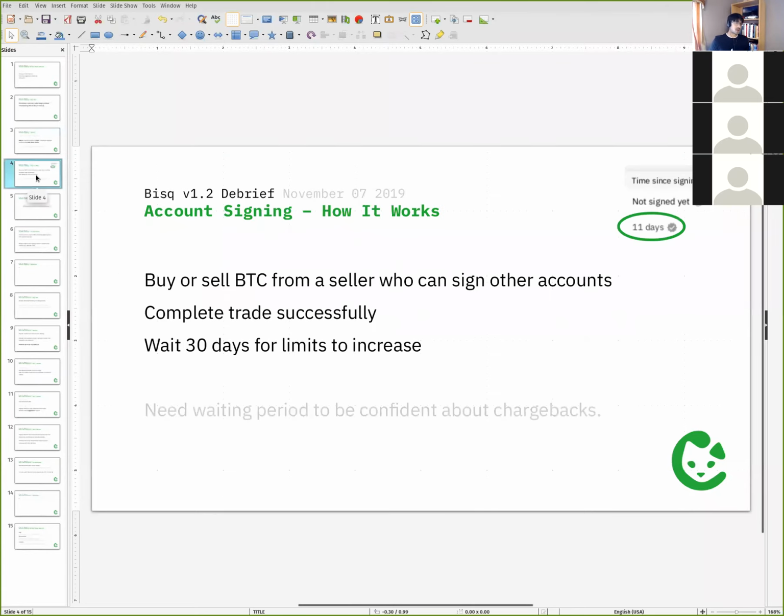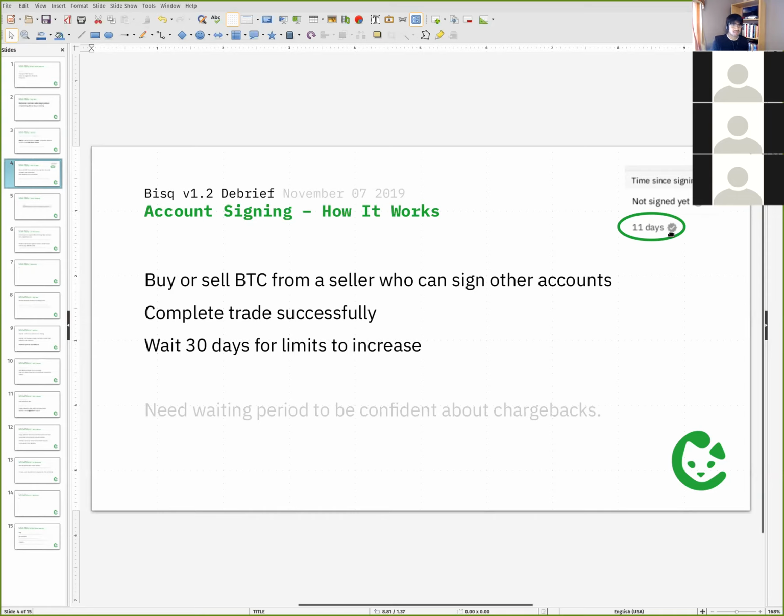How does it actually work? If you want to raise your limits, you have to first trade Bitcoin, so either buy or sell Bitcoin from a trader. It says seller here, but that should really say trader or counterparty who can sign other accounts. You will know if the trader can sign other accounts by this checkmark icon that shows in the software.